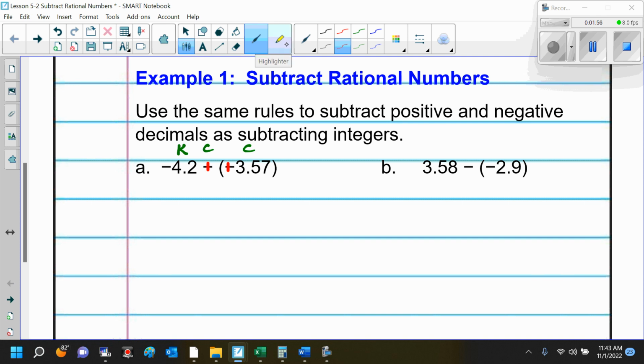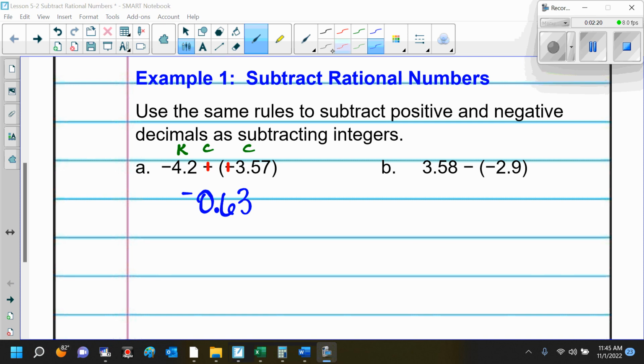We're just looking at the 4.2 and the 3.57. So 4.2 is bigger than 3.57. So the sign of my answer is going to be what? Negative. Very good. So here we have 0.63, and of course the sign is going to be negative.